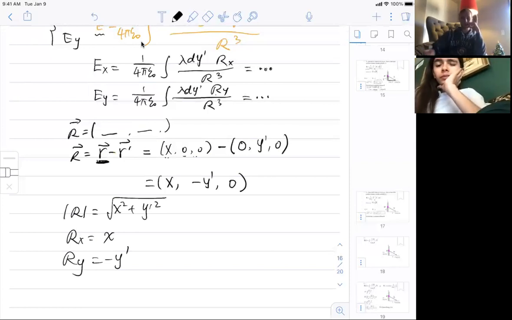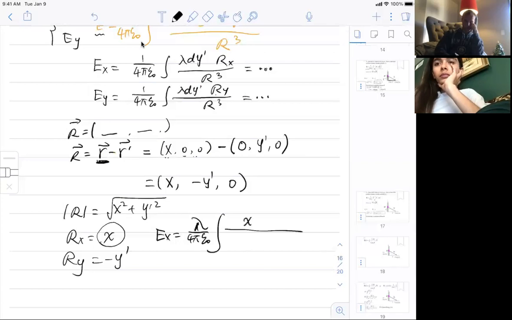Let me continue. My E sub x is 1 over 4 pi epsilon naught. Now lambda is constant, so I pull it in front of my integral. Rx is simply x. So I have x dy prime, and I have x squared plus y prime squared, the square root of that to the power of 3. So this is my E sub x.